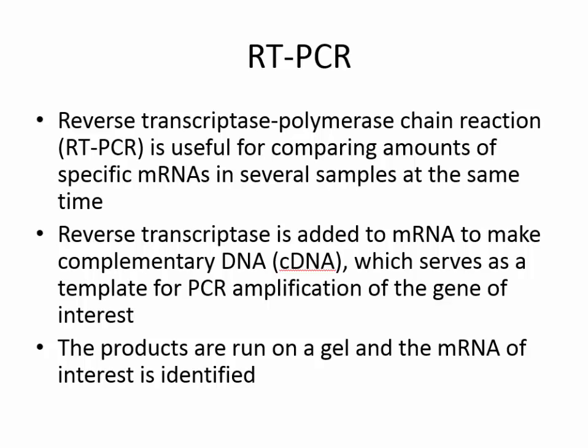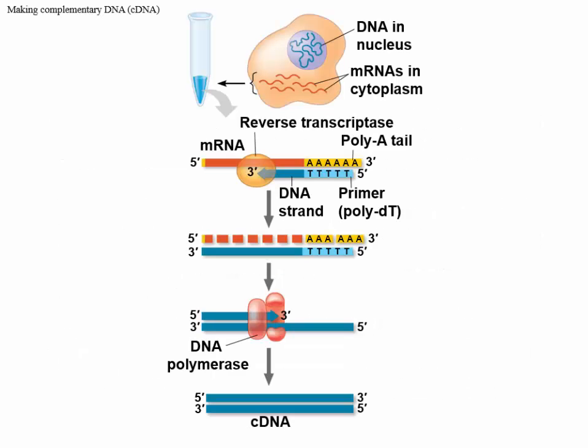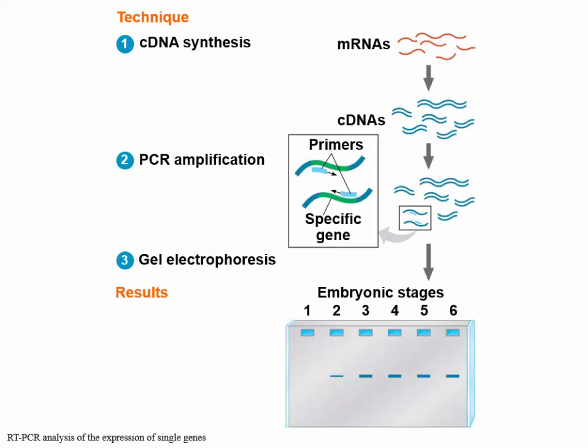Then the products are run on a gel, and the messenger RNA of interest is identified. This is making complementary DNA. And here is the reverse transcriptase PCR analysis of the expression of a single gene.